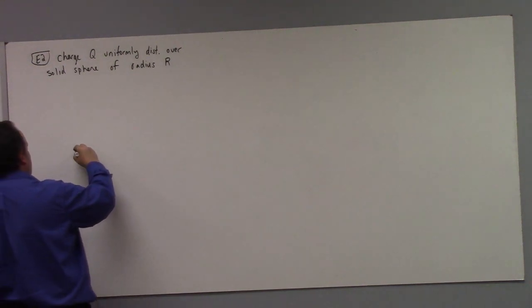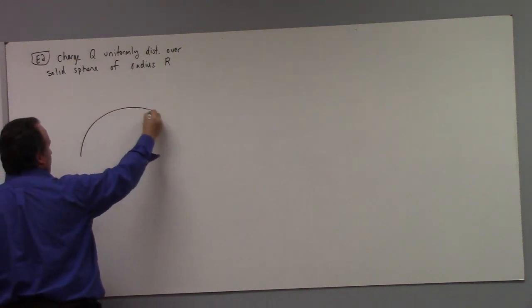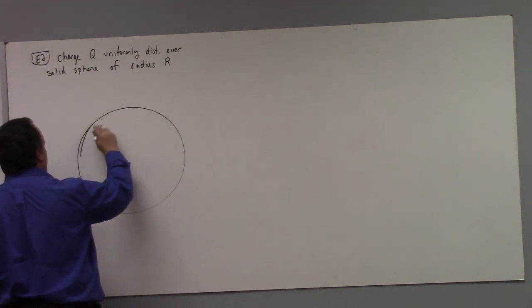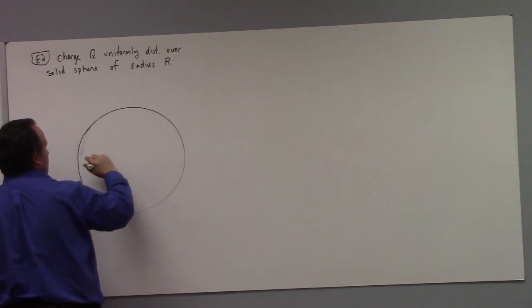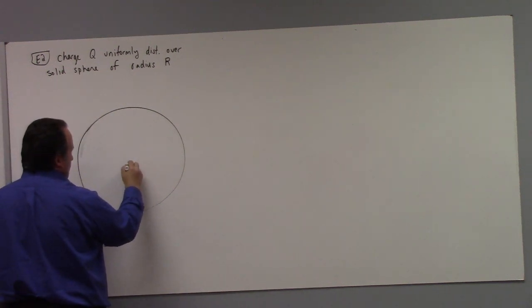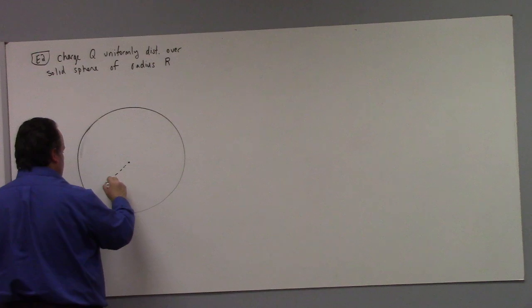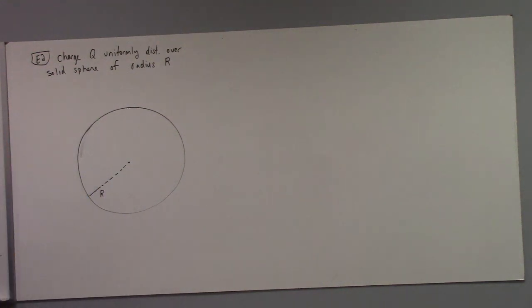All right, so we've got a sphere, and its radius is R, right? And the charge Q is uniformly distributed, smooth over the sphere, right?